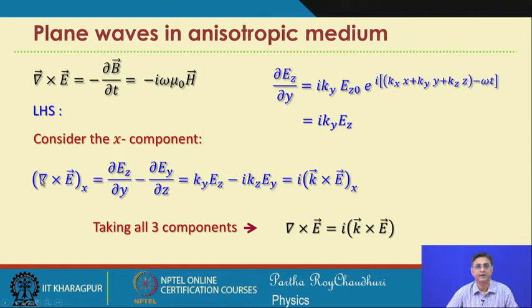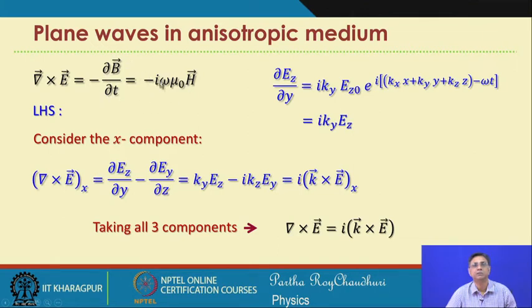Therefore, for the x component, if you consider all other components like the y component and the z component of del cross E, all of them will contribute this quantity, and if you put together, then del cross E can be written as i into k cross E. So, this is the general relation for the electric field, but this del cross E is equal to minus del B del t.